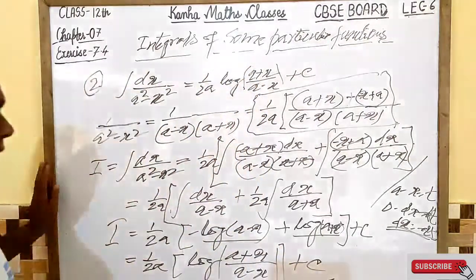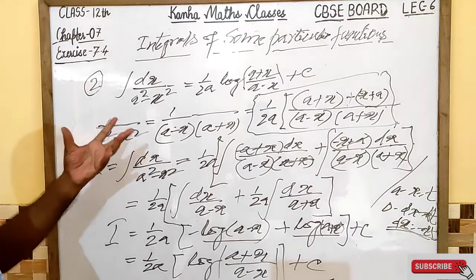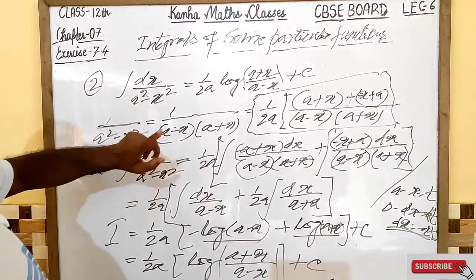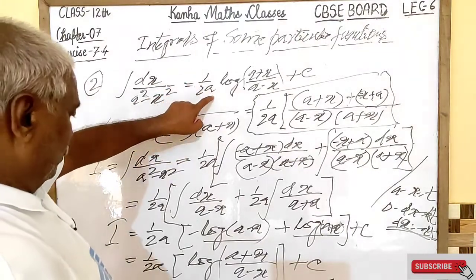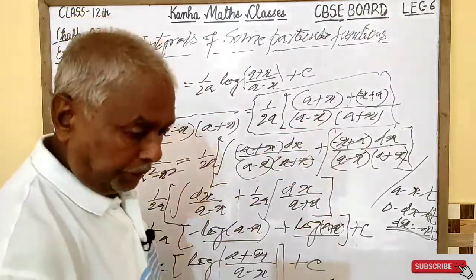This will be the requisite formula for the standard and particular or special function like dx upon a square minus x square is equal to 1 upon 2a log a plus x upon a minus x plus c.